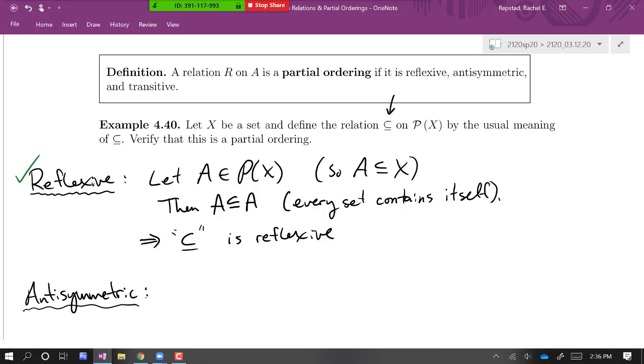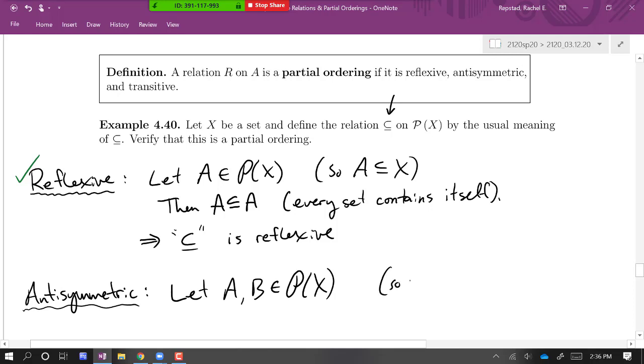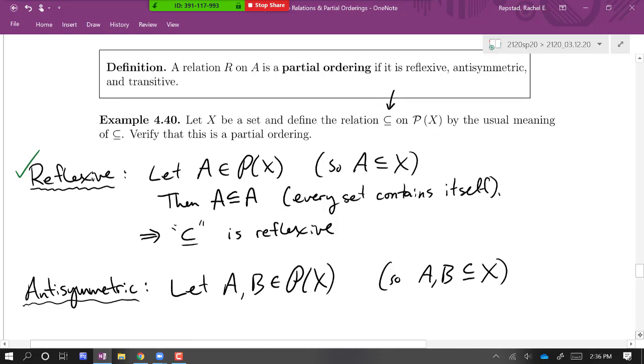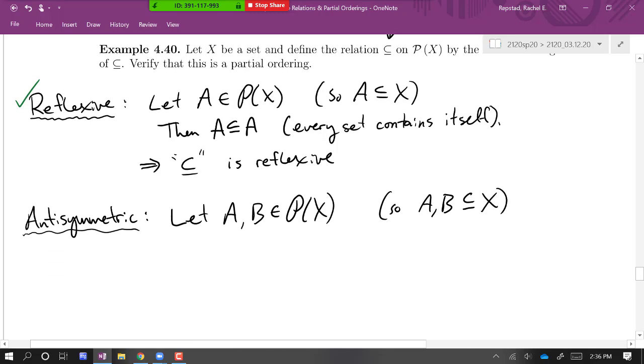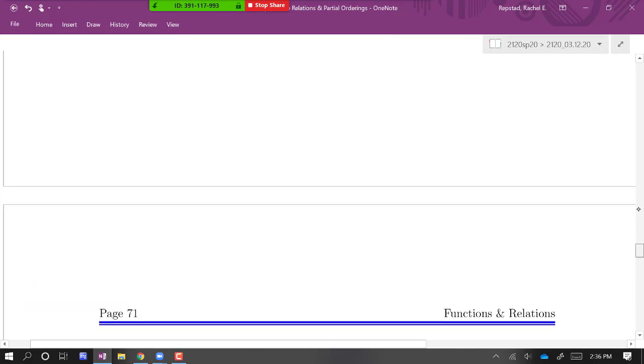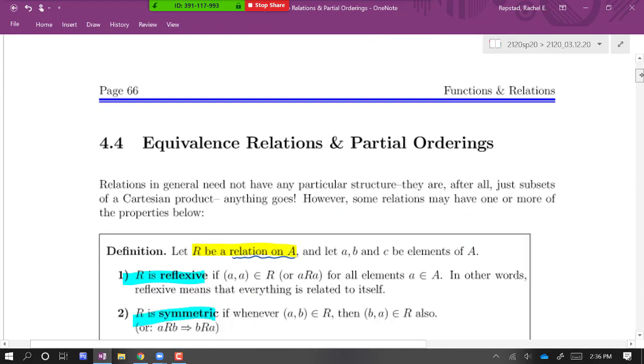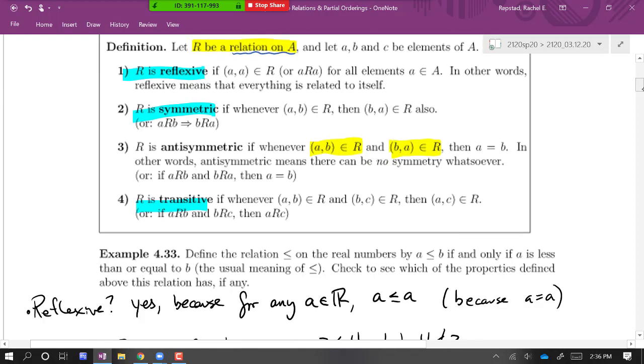So we're going to let A and B be elements of the power set of X. So that means that they're both subsets of X. And for anti-symmetry, let's recall what this means. It means there are no cases of symmetry at all, except for an element being related to itself.